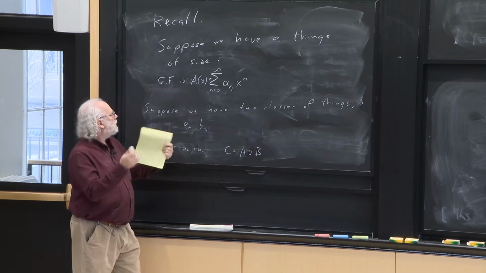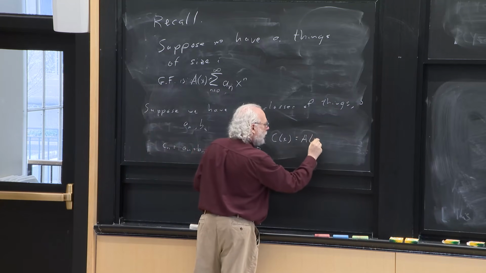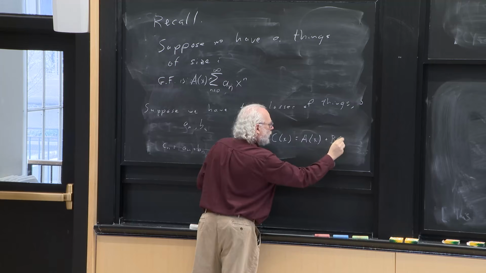Then C of x is equal to A of x plus B of x.